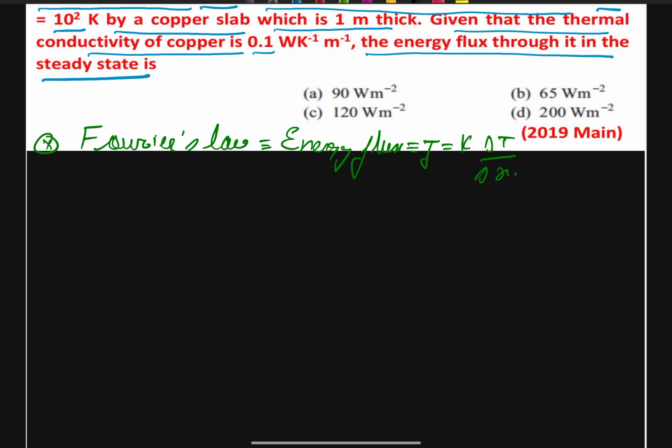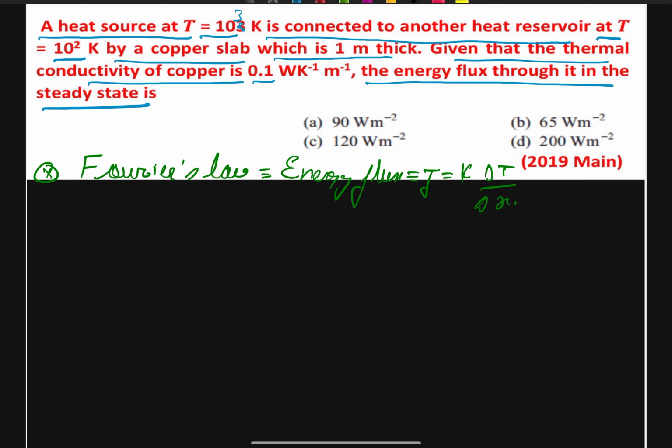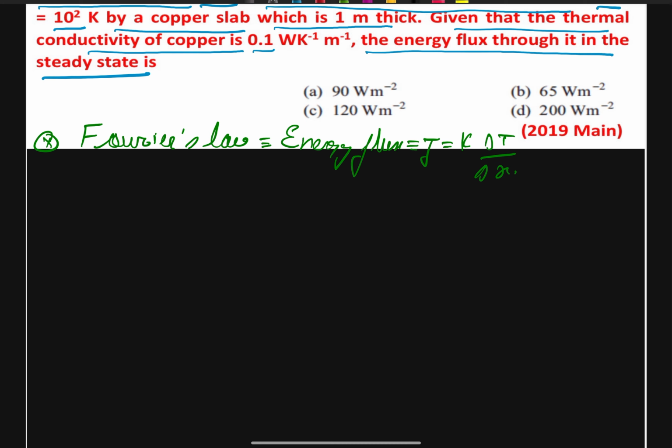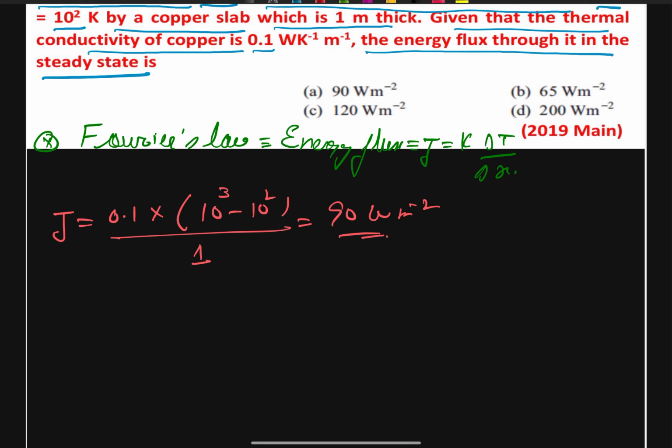K is our constant, which is thermal conductivity, which is 0.1. We can simply substitute the values. The flux is equal to 0.1 times 10 to the power 3 minus 10 to the power 2, divided by thickness 1 meter, which will be 1000 minus 100, 900, multiplied by 0.1, this becomes 90 watt per meter square. So we have option A is correct.